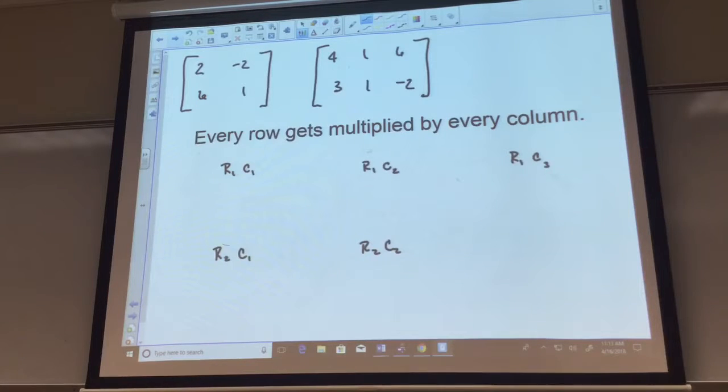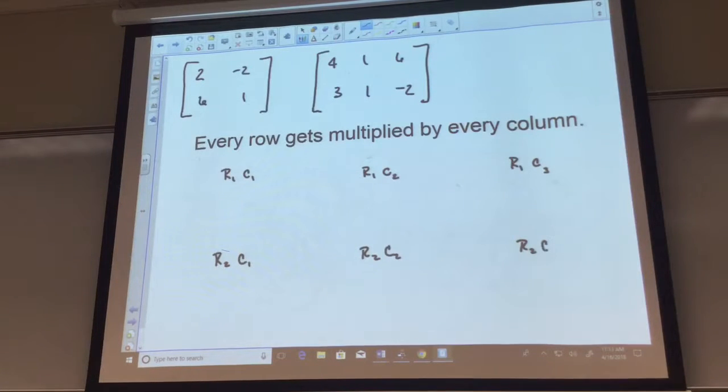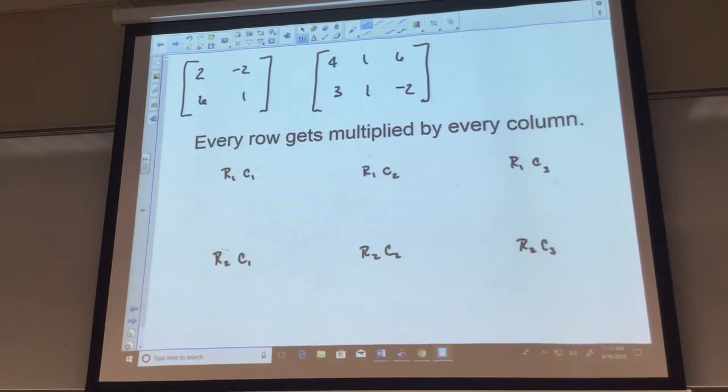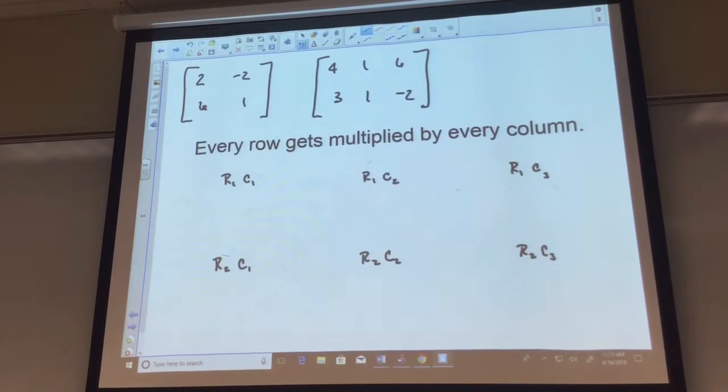Row 2 has to be multiplied by column 2. And row 2 has to be multiplied by column 3. So if those are the multiplication problems I'm going to have, can you see that the result is going to have 2 rows and 3 columns?